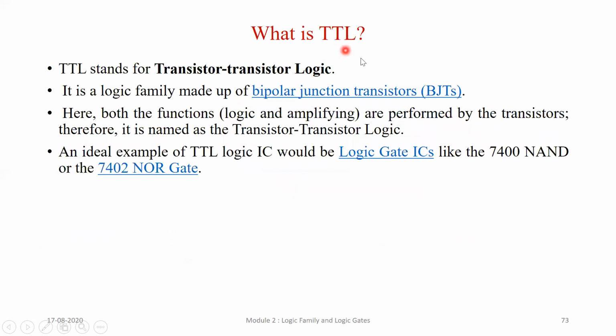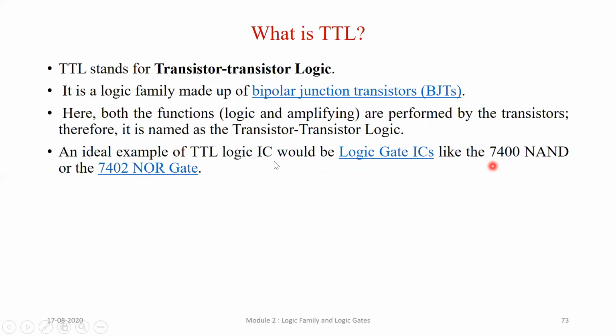Now, what is TTL? As I have said, TTL stands for transistor-transistor logic. Like CMOS was made using MOSFETs, TTL is the logic family made up of BJTs, that is my simple junction transistor. These ICs are there in the lab. An ideal example of TTL logic is that it starts with the 74 series. If I want an IC having TTL logic, I will say give me the 74 series.